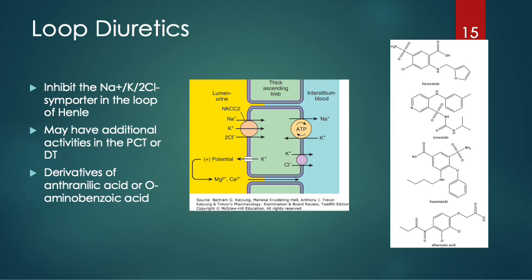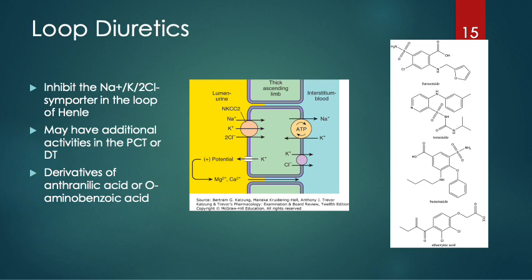Now let's take a look at the loop diuretics. The loop diuretics are also called high ceiling diuretics. The classes of drugs that we've studied so far have been classified based on the structural similarities or the mechanism of action.